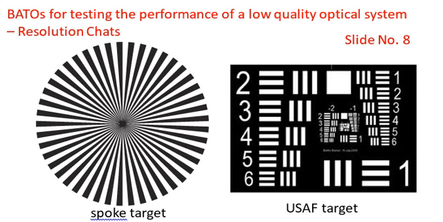So in the center the spatial frequencies are higher, and in the outer periphery they are low, but they vary not in a continuous fashion but in a discrete fashion. So we can use these two targets, the spoke target or the USAF target, in order to determine the performance of low quality optical systems.